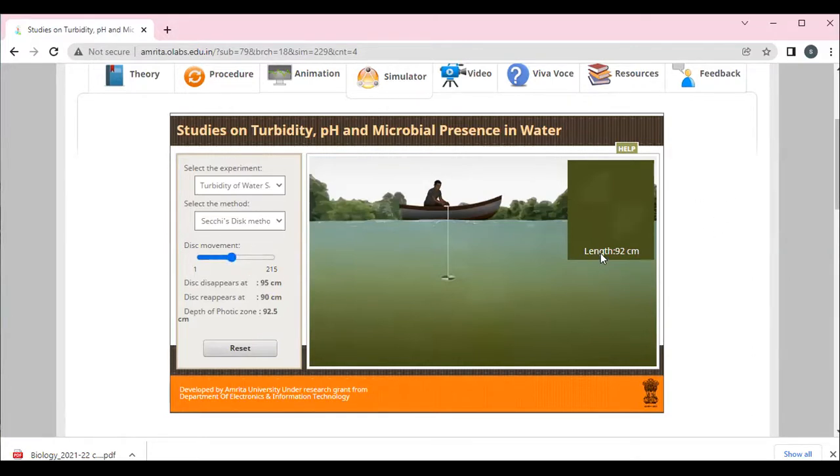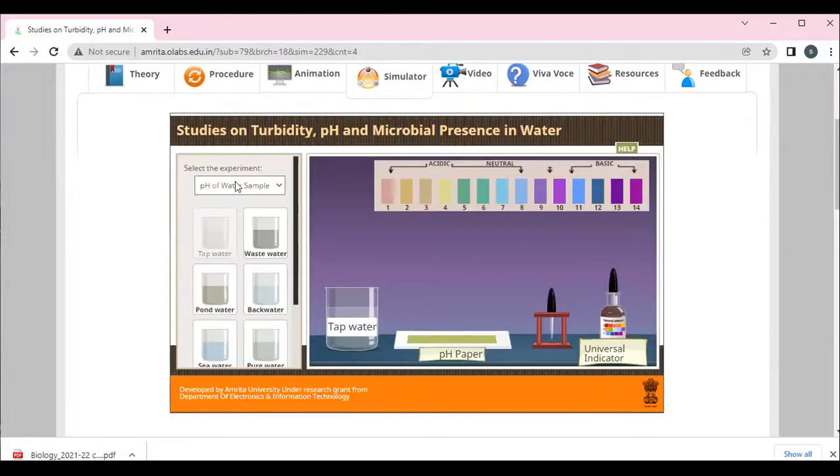That is with length of rope as 94 centimeter final length where it disappeared, and 92 as the initial length where it was finally appearing. Okay, final stage of its appearing. So 92, right? So that is the turbidity of this water sample, but there are no more water samples given, so we are not doing that, right? Only one water sample is there.